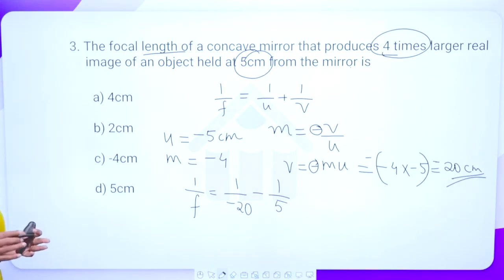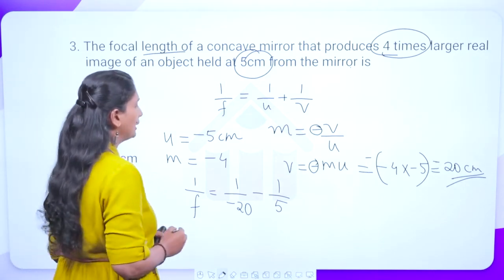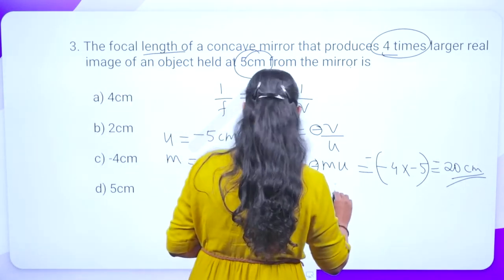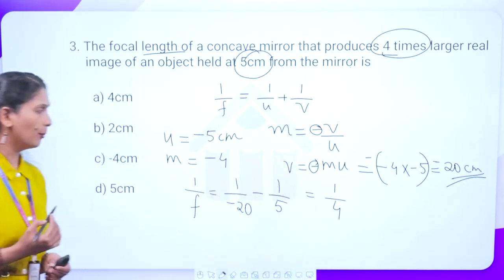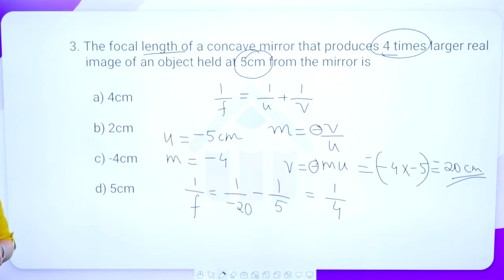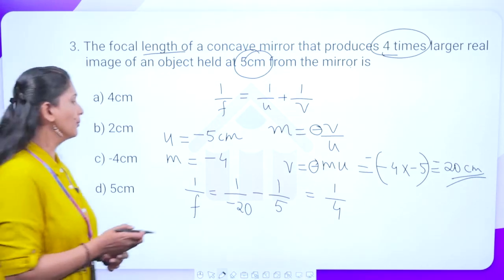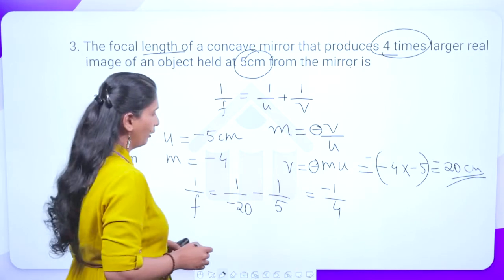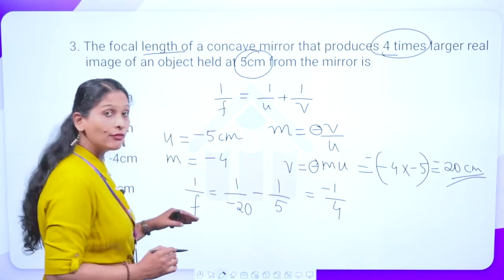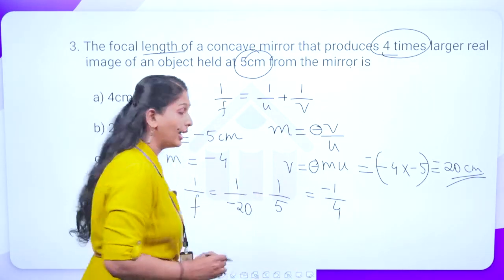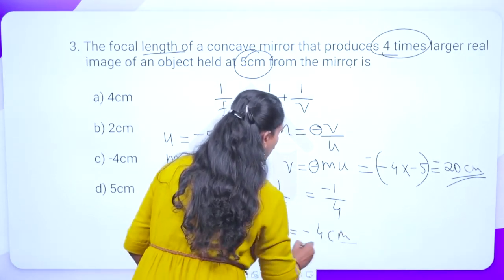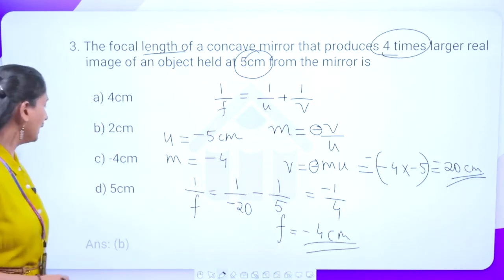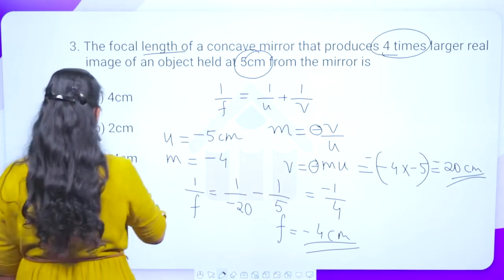Substituting it, you get 1 by f equal to minus 1 by 20 minus 4 by 20, that is minus 5 by 20, making it minus 1 by 4. So 1 by f is equal to minus 1 by 4, right? So what will be f? f will be minus 4 centimeter, making it option C.